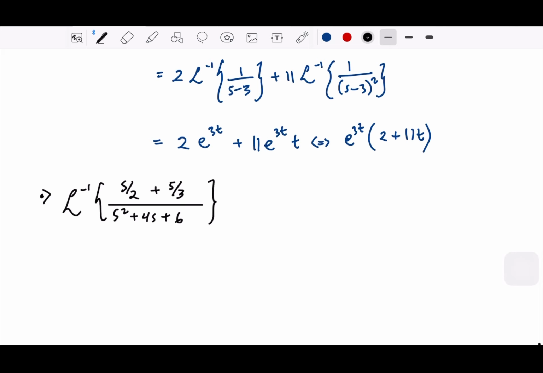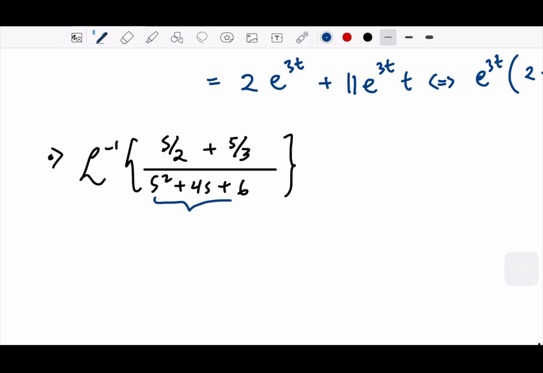Perhaps we can start with the denominator. Can we rewrite it as a completed square? If we have (s plus 2) squared, it should be plus 4 when squared, right? So we need plus 2. So we can replace the denominator with this.